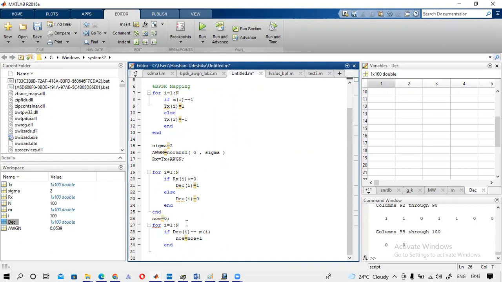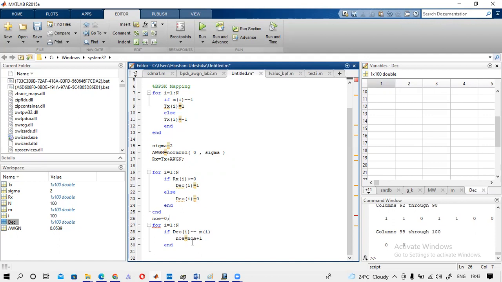Now when this for loop begins, it compares this decoded bit and this message bit. If the message bit is not equal, the number of errors, now 0, will be increased by 1. So now the number of errors is 1. Again it is checking, and if you have any mismatch point, it will be increased by 1.